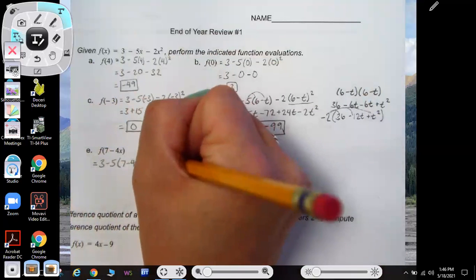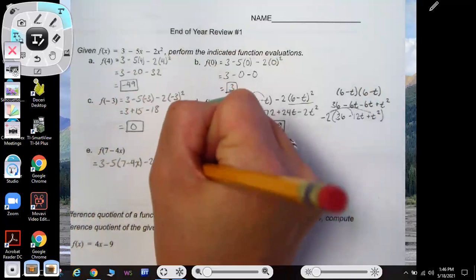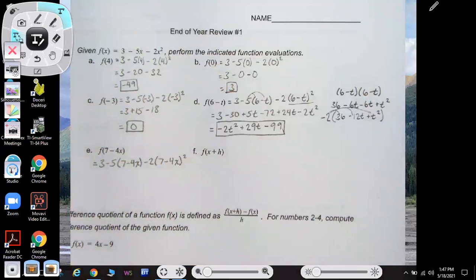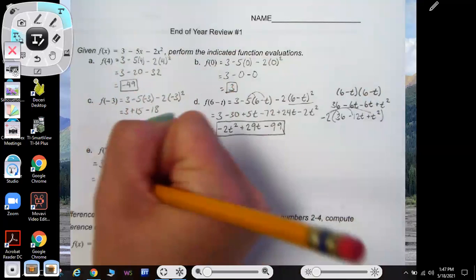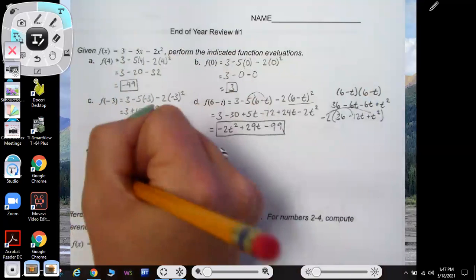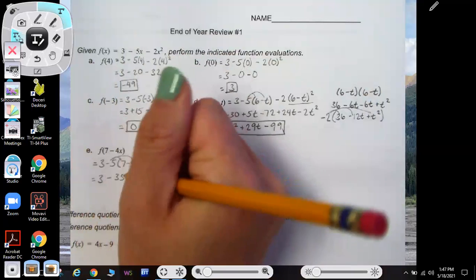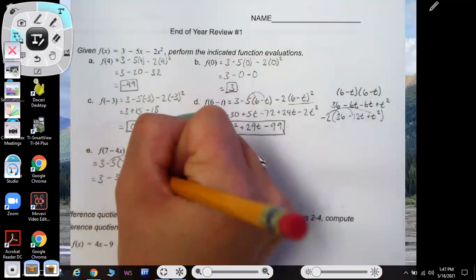So this one will be similar to the one that we just did. So distribute the negative 5 to get rid of this set of parentheses. We get 3 minus 35 plus 20x.